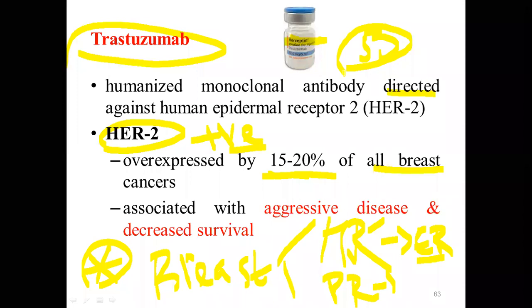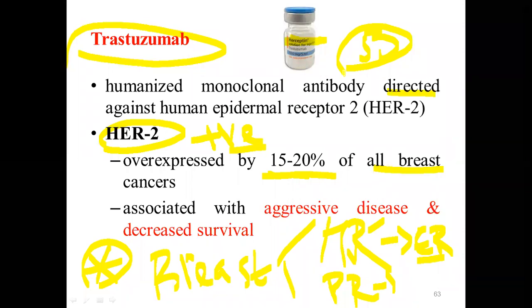Why did we decide to study this patient population? According to various epidemiological studies in other countries, HER2 positive breast cancer is very aggressive, and the possibility of survival is comparatively lower.